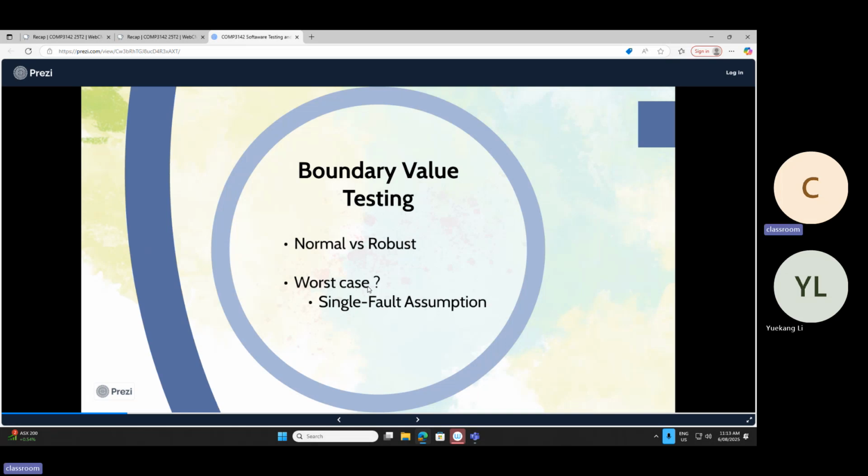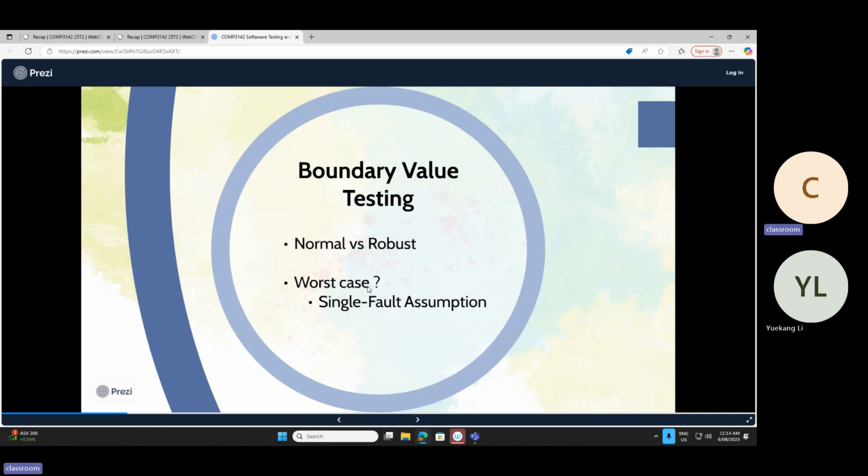Normal means that we only care about the cases where there's no value outside the valid range of the parameters. And for robust, we care about the invalid inputs, right?